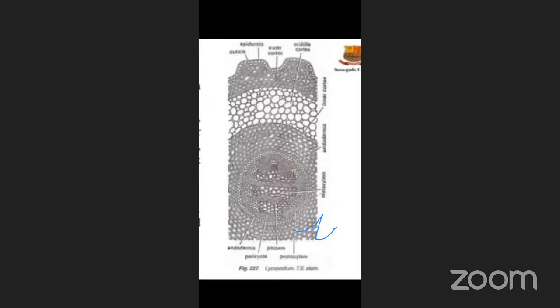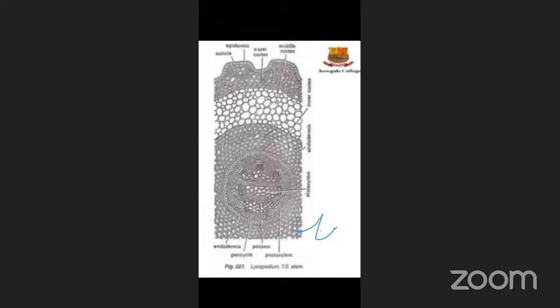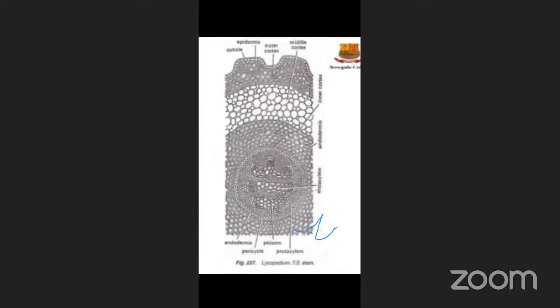So the protostele condition is present here. There are diversified steles, depending on the arrangement and structure of the xylem and phloem.